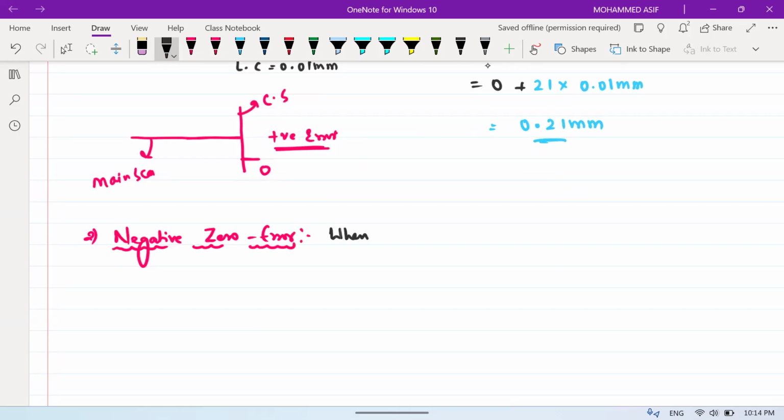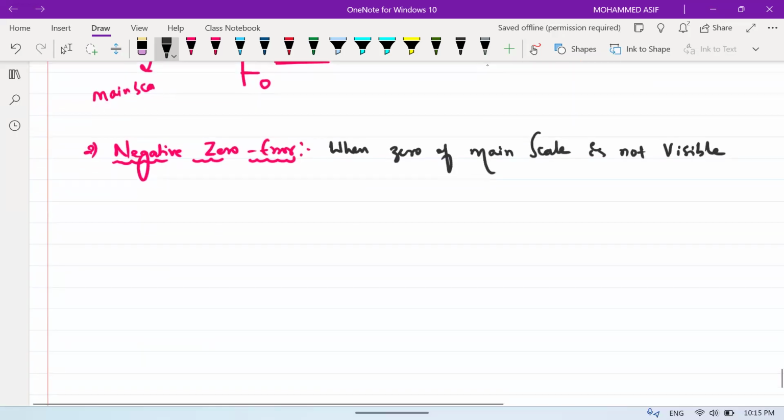When 0 of your main scale is not visible, that is your negative error. Am I clear? Let's say I'll draw the diagram for you.